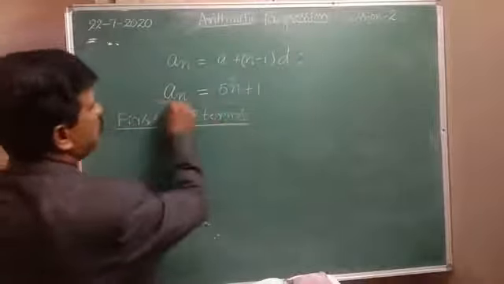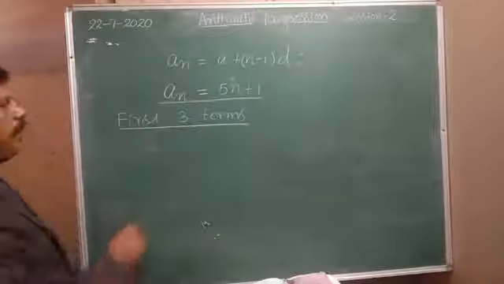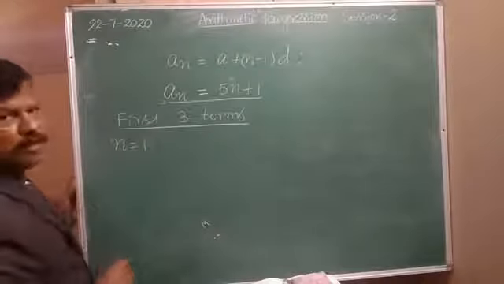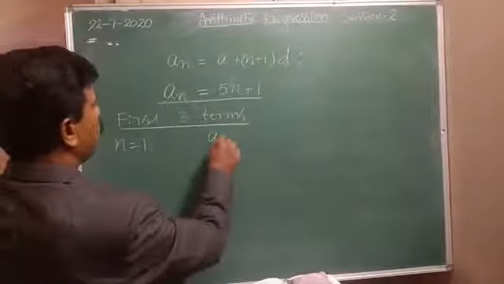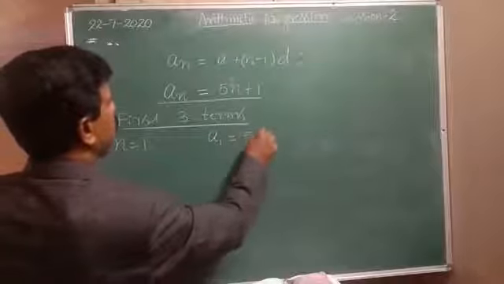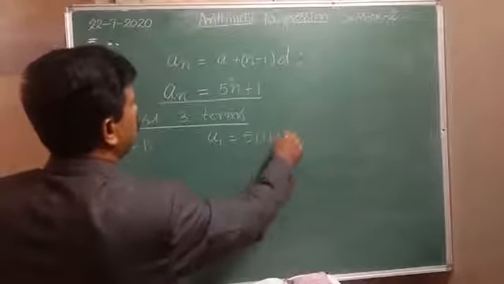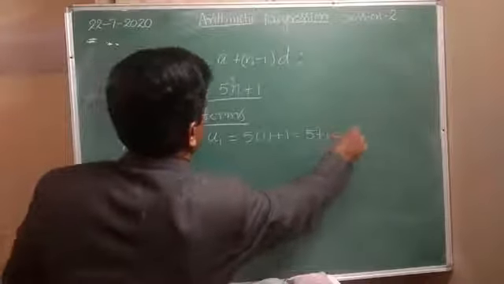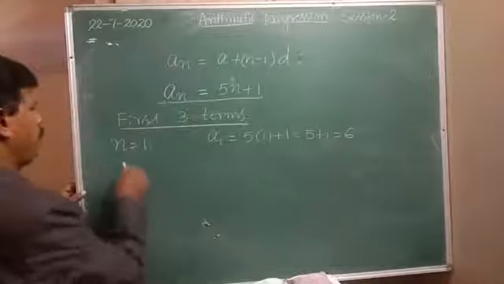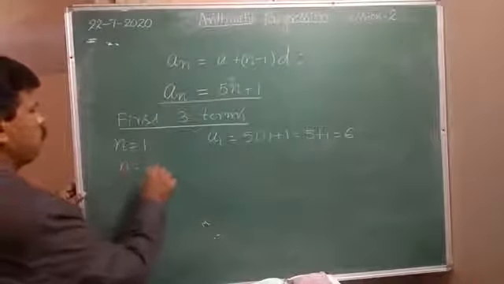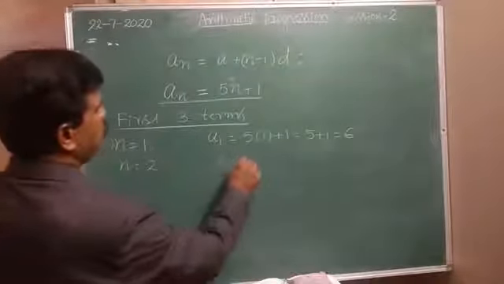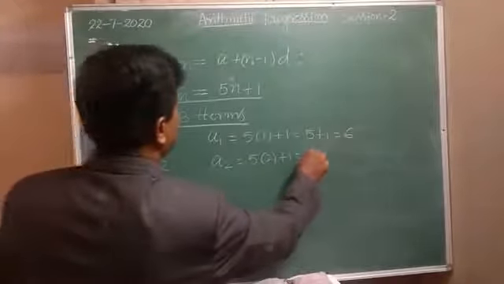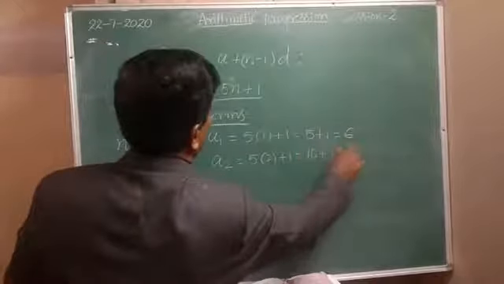First three terms means, let's take n equal to 1. Then the first term a1 equals 5 into 1 plus 1, that is 5 plus 1 equals 6. Then n equal to 2: a2 is equal to 5 into 2 plus 1, that is 10 plus 1 equals 11.